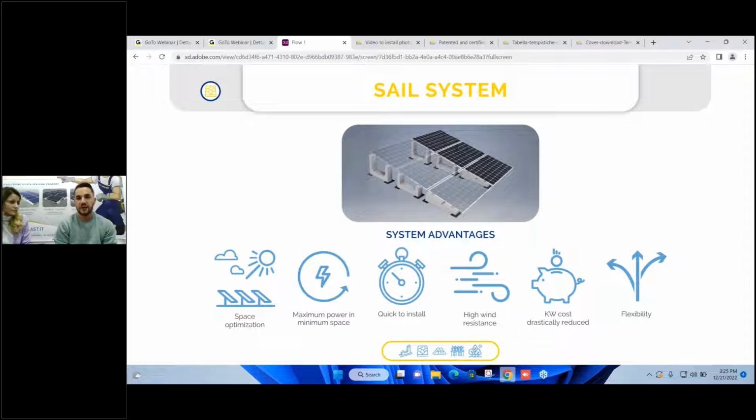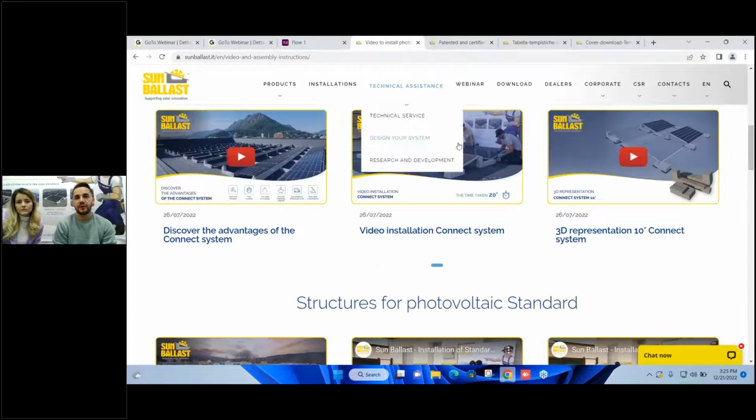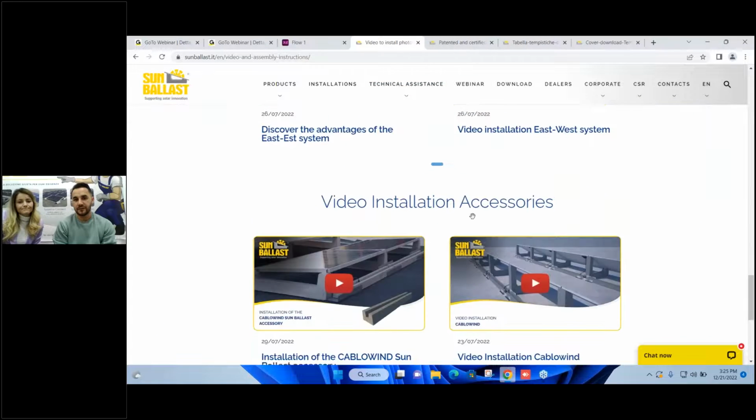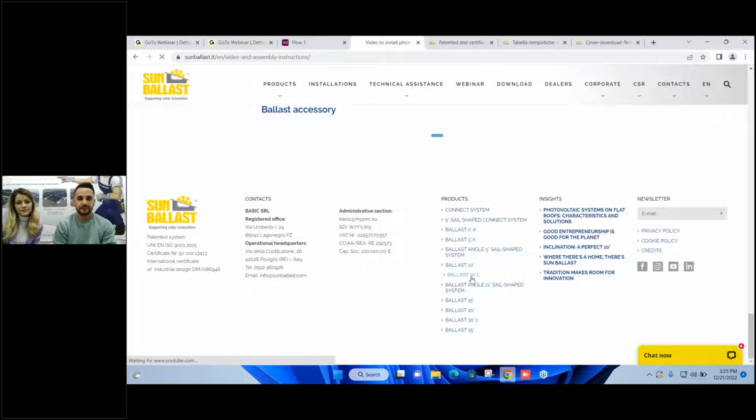But for standard models, correct. If the dimensions are higher, we suggest you stay horizontal. So for the vertical laying of the modules, if the modules are 1 to 2 meters, we always suggest the 10 degree quintal ballast. Yes, it's another ballast which is implemented for this type of model.